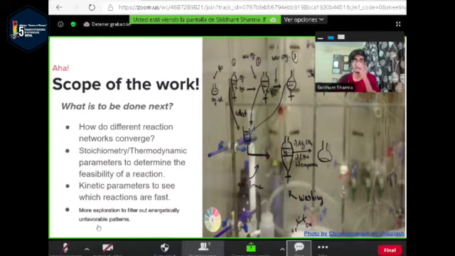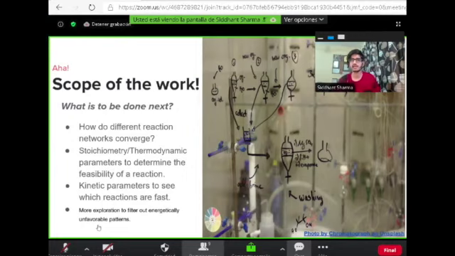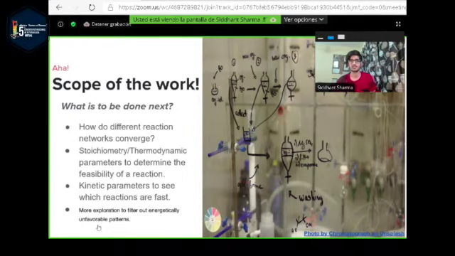The in silico computational analysis can become really heavy, and we don't have the time to do thermodynamic analysis in the 3 or 4 months of a summer internship. We would also use kinetic parameters to see which reactions are fast, which are slow, and which affect the autocatalytic cycle more and which less.